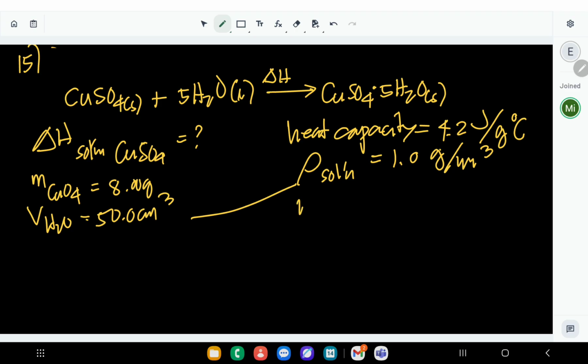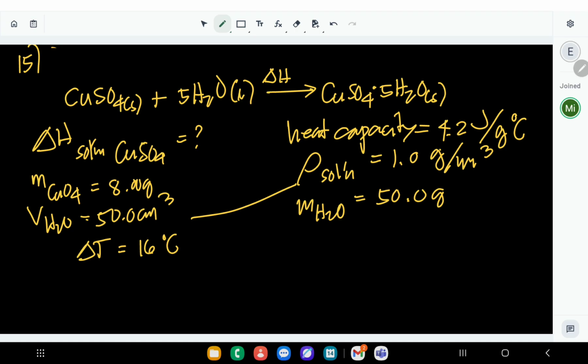So the mass of water is just equal to 50 grams. Then temperature change, delta T. Oh, this is only for anhydrous, so that is 16 degrees Celsius.